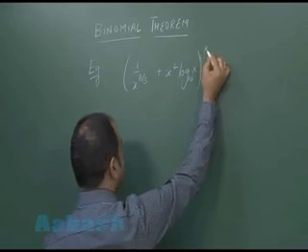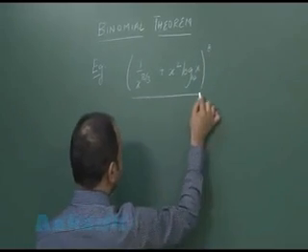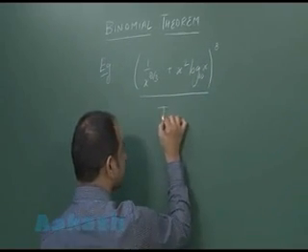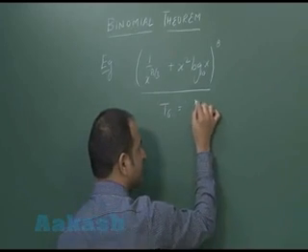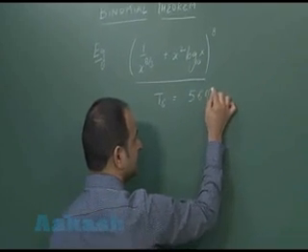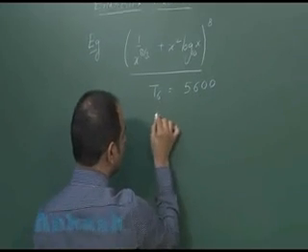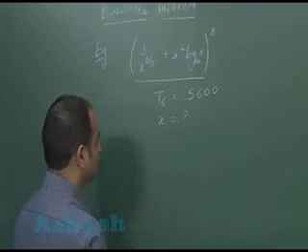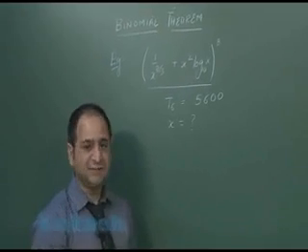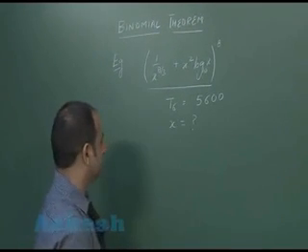The index is 8. It is given the sixth term in this expansion is 5600. So what should be the value of x? We have to find out the value of x if the sixth term in this expansion is given.